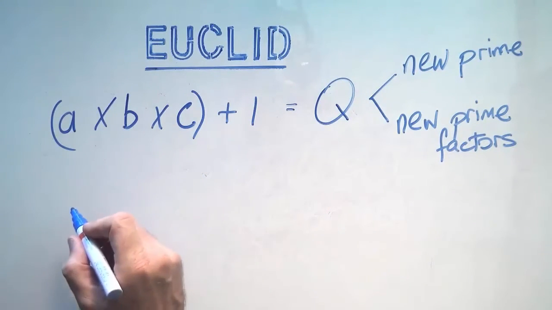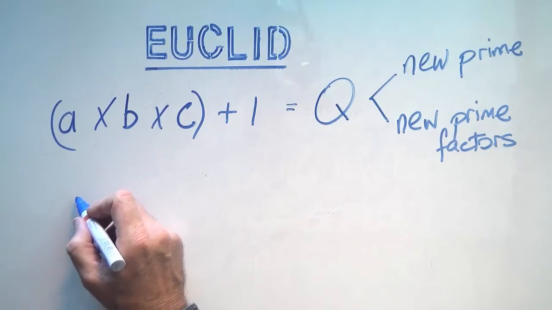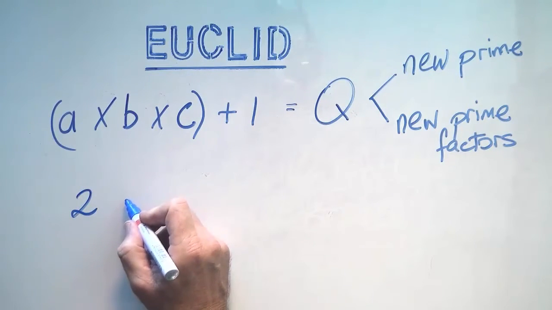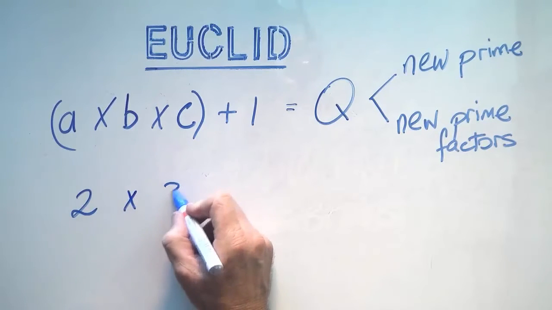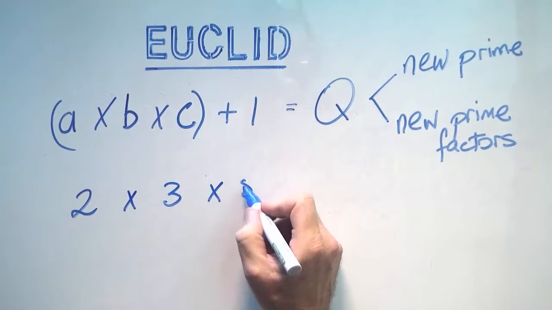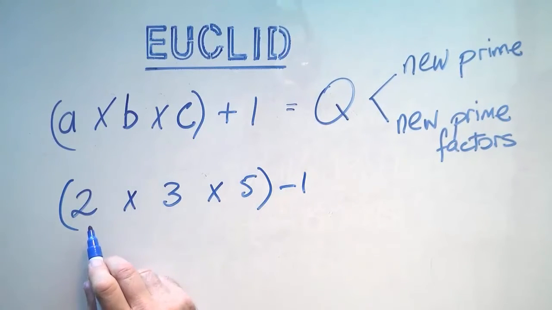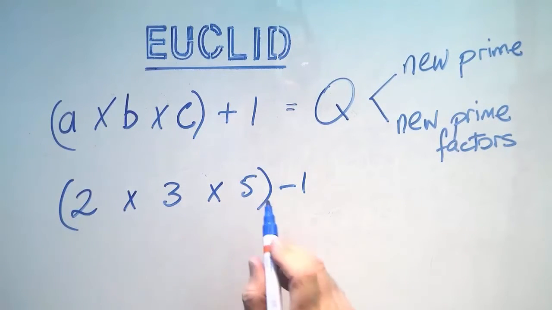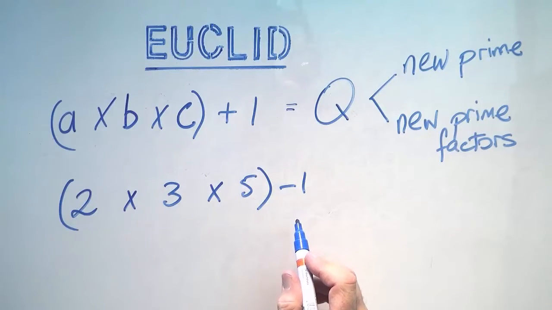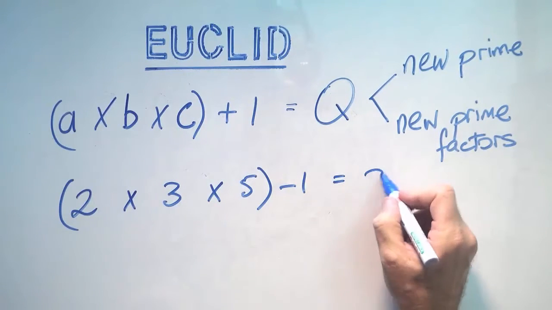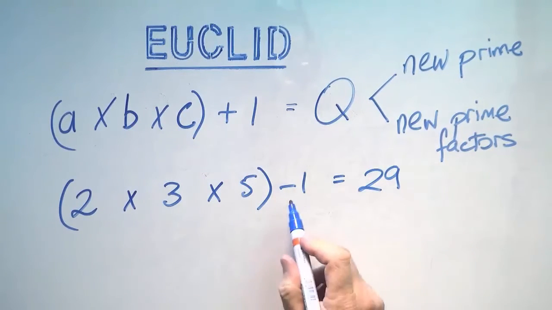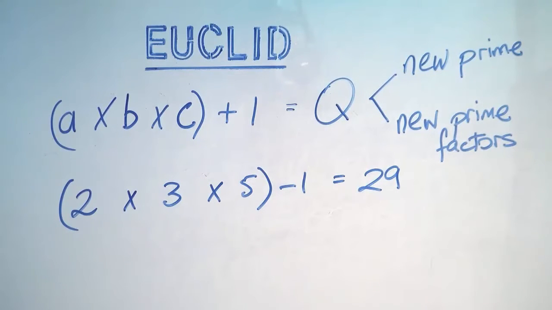Interestingly, this also often happens when we subtract 1. So we have here 2 by 3 by 5 is 30 minus 1 is 29. Now you remember when we added 1 we got 31, and we've ended up with a twin prime, 29 and 31.